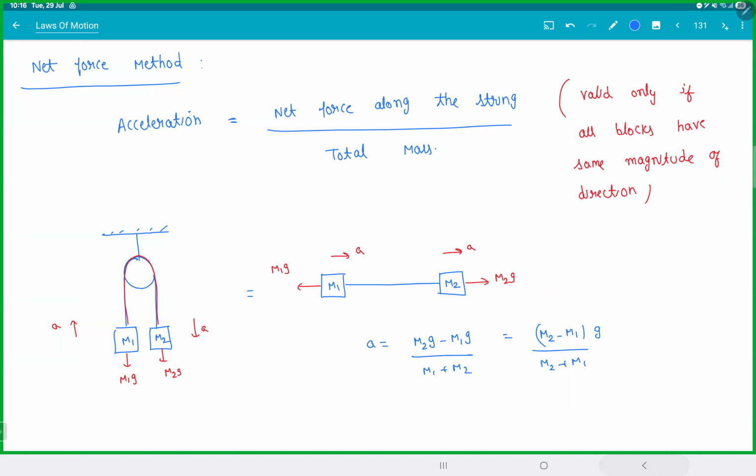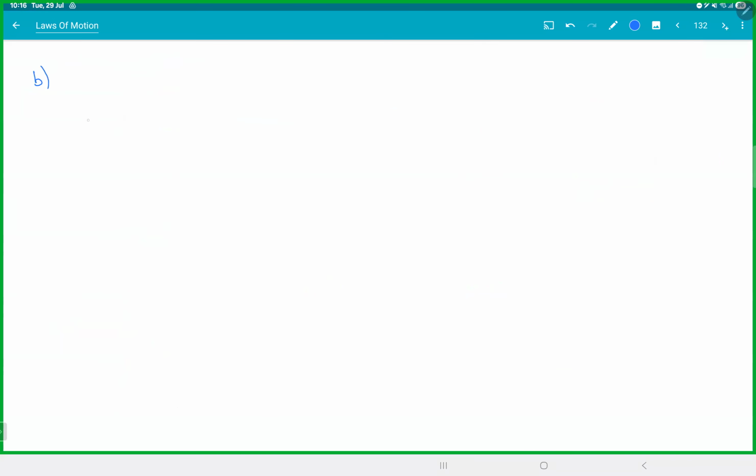So I'll give you a few more. Now you guys try to do this method. General method, so you know anyway, find tensions and everything. You guys try to tell me the answer with this method. Let's say we have a block here, M. We have a block here, 2M. Find the acceleration of the blocks.